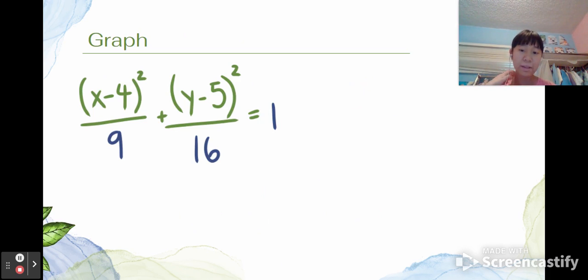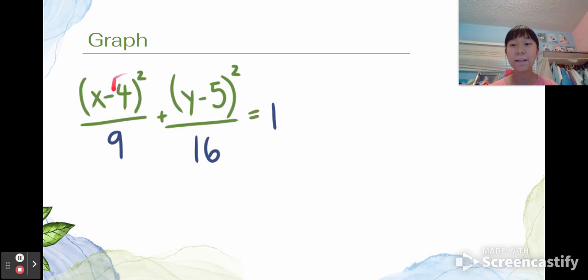Okay, so now we need to graph this. In order to graph this, we need to look at where the center of this is first. So we see x minus 4 squared over 9 plus y minus 5 squared over 16 equals 1. Okay, so you're probably wondering, is it negative 4, negative 5? Is that the center? No, because in standard form, it's x minus the number.